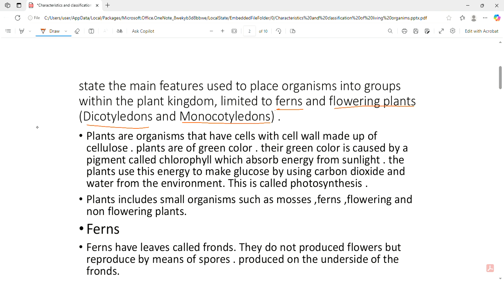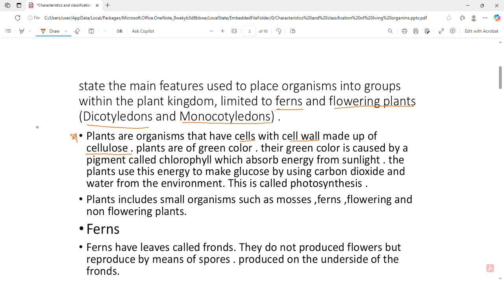So what are plants? Plants are organisms that have cells with a cell wall made up of cellulose. Plants are green in color. Their green color is caused by a pigment called chlorophyll, which absorbs energy from sunlight. So this is the introduction of plants, as you have already studied, and also studied the plant cells, their structure and function.